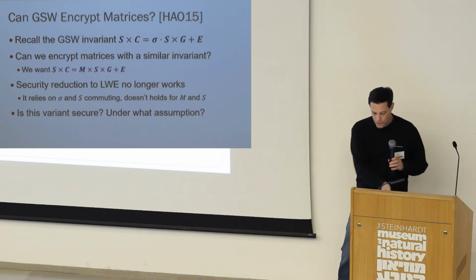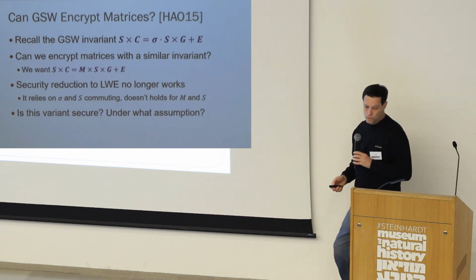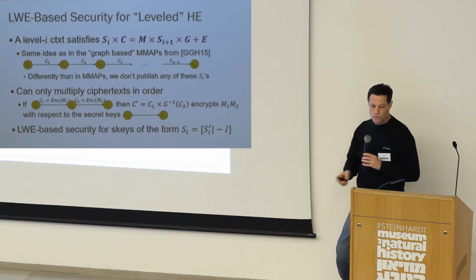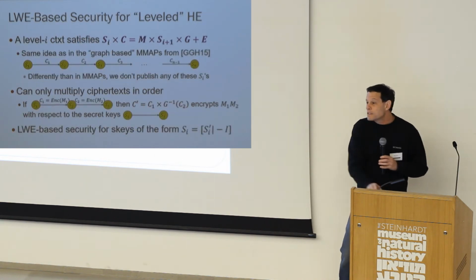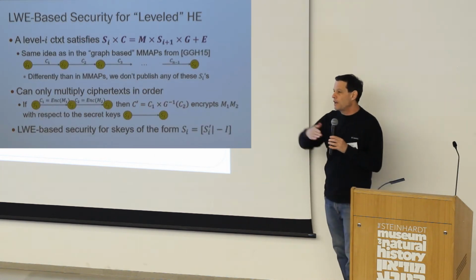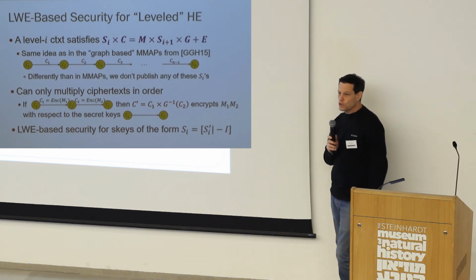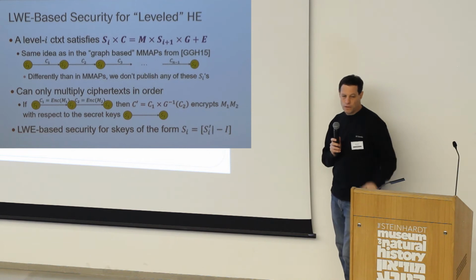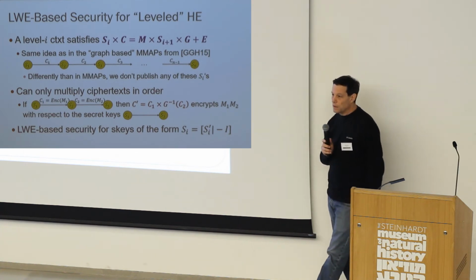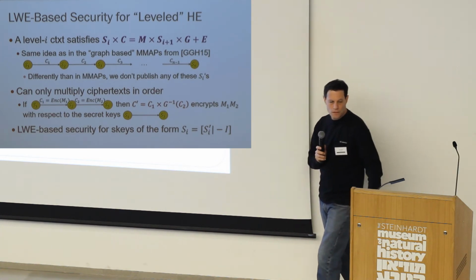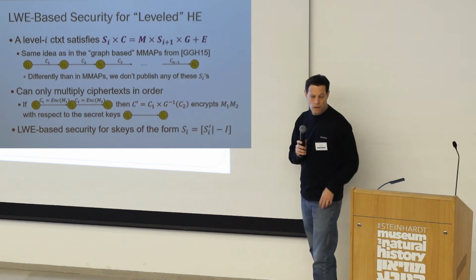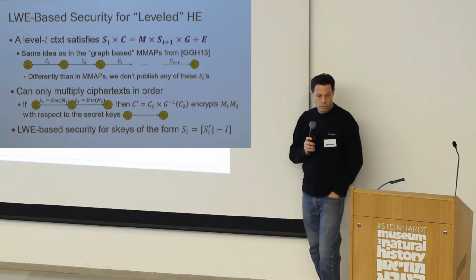So here is one thing that you can always do, or at least in this context you can always do. Instead of having one secret key, just have a leveled system where you have many secret keys and change your decryption invariant so that Si times C is M times Si plus 1 times G plus E. It's the same idea that was used in the graph-based multilinear maps of Gorbunov et al.